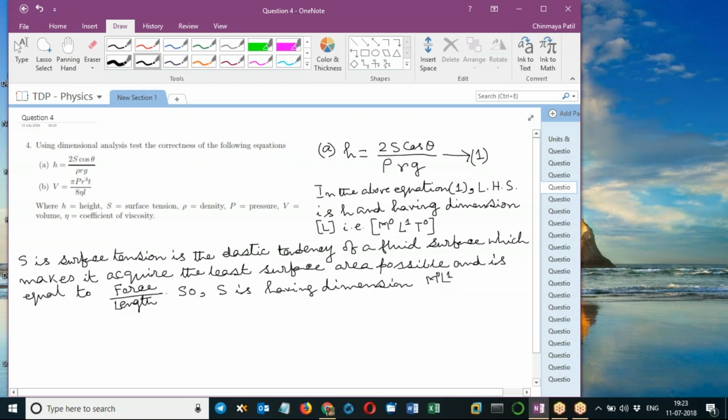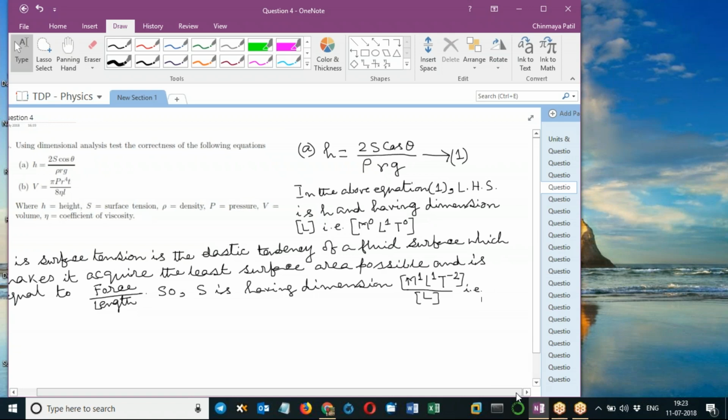So L cancels with L, and we get M power 1, L power 0, T power minus 2.